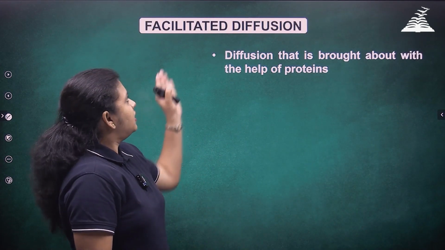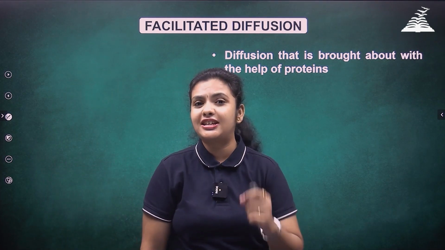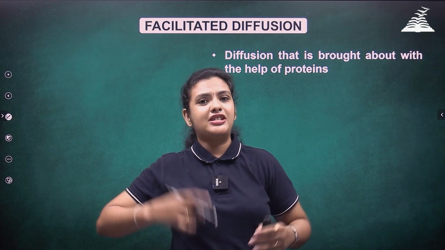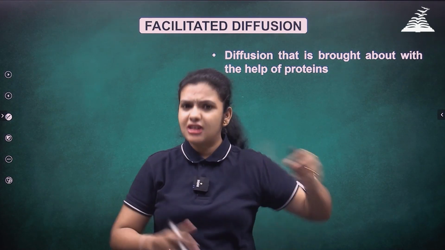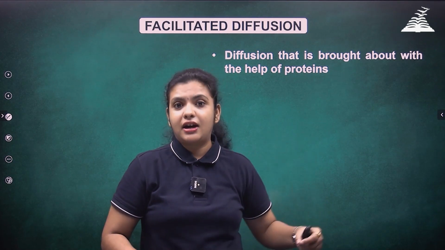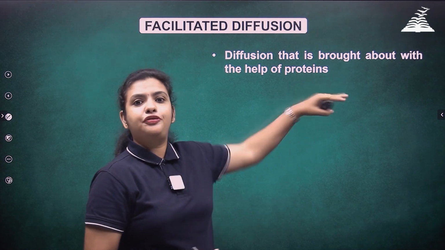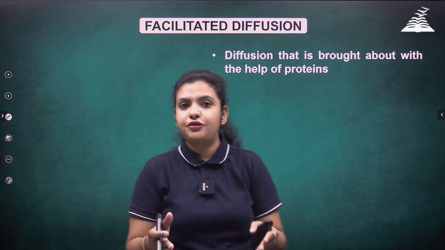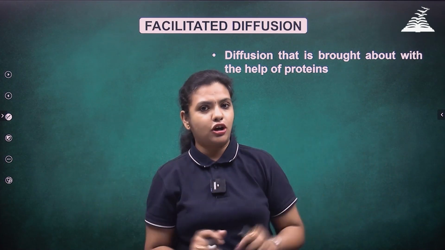Right. Next we talk about facilitated diffusion. What is facilitated diffusion, students? Facilitating means somebody is helping. Here, who is helping? What is getting helped? Diffusion is getting helped. What is diffusion? Movement of molecules from higher concentration to lower concentration.